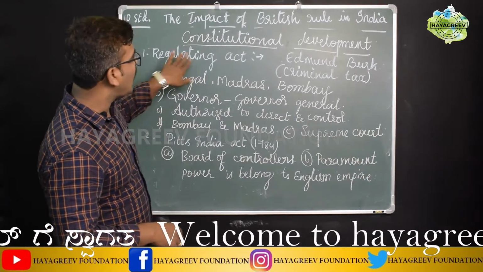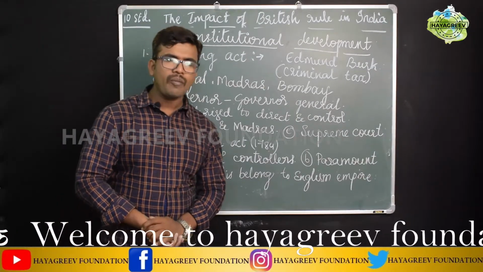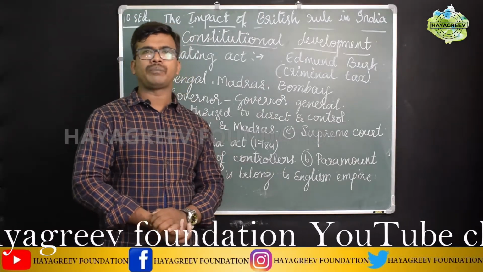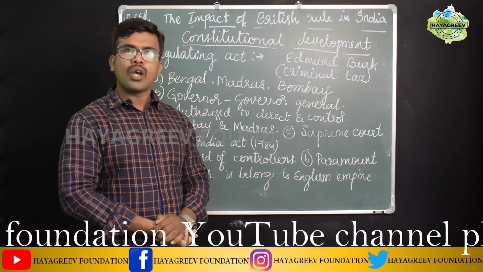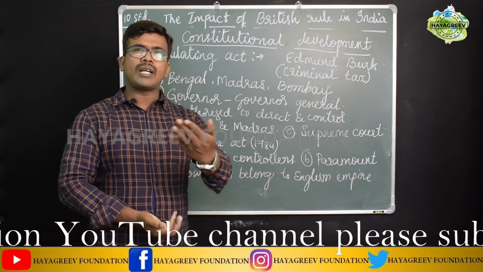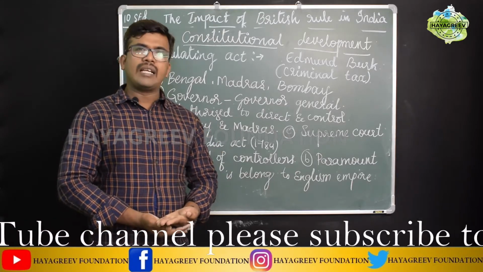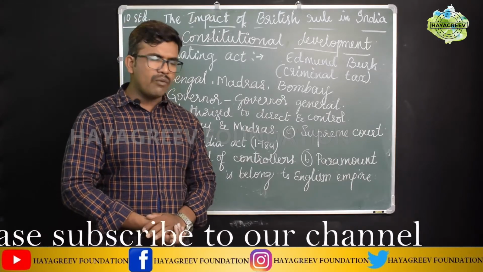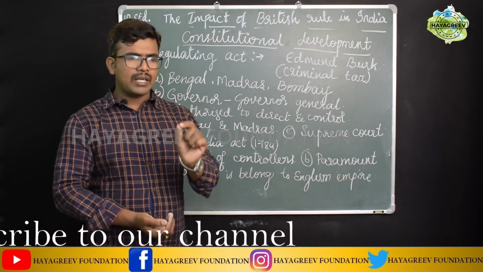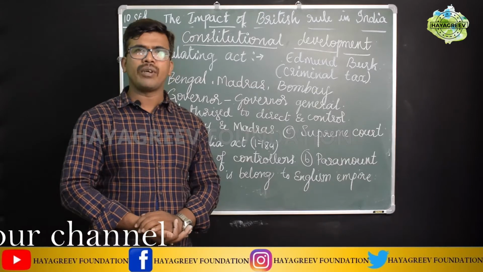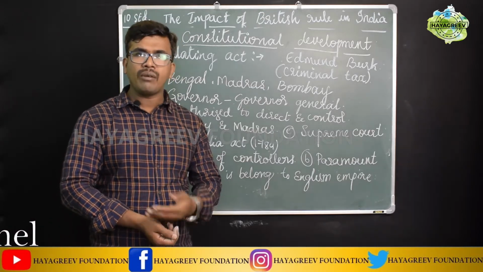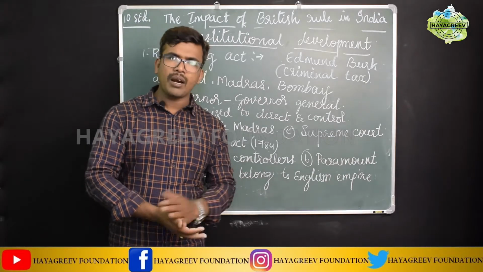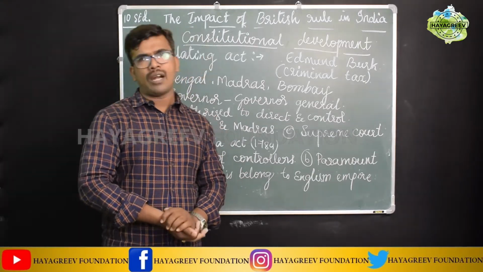First one is the Regulating Act. As the British introduced dual government in Calcutta by Robert Clive, you know that in this the Nawab of Bengal was looking after the administration and judiciary, whereas a very easy task was taken by the British government in Bengal, that is collecting land revenue.